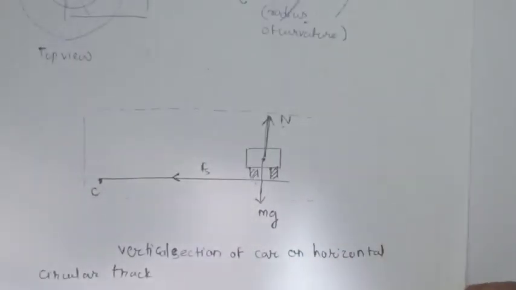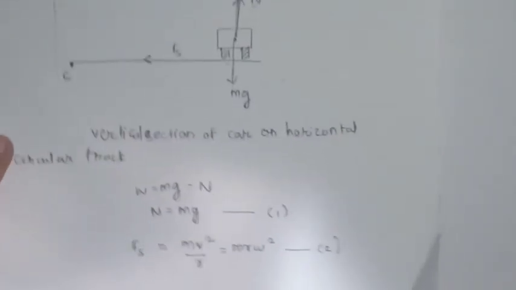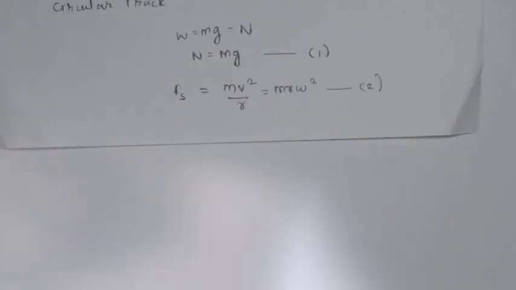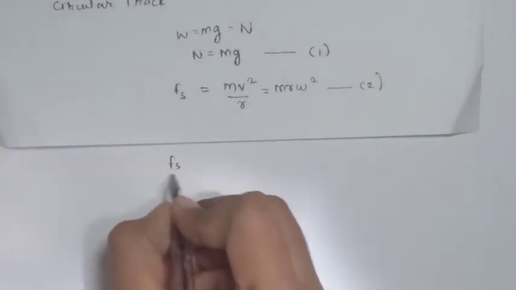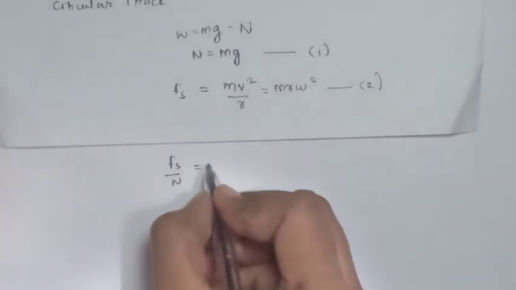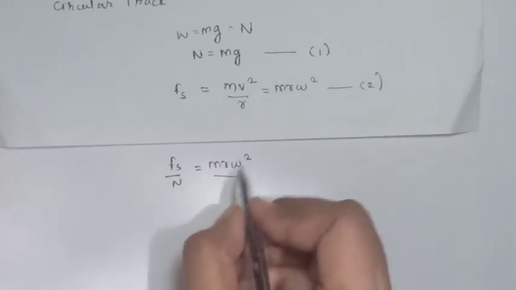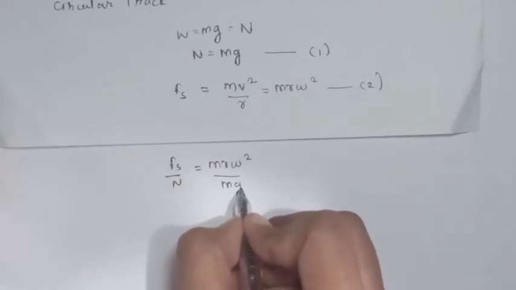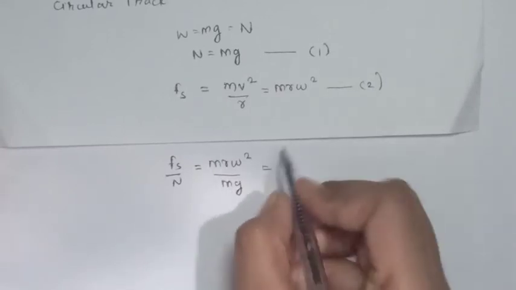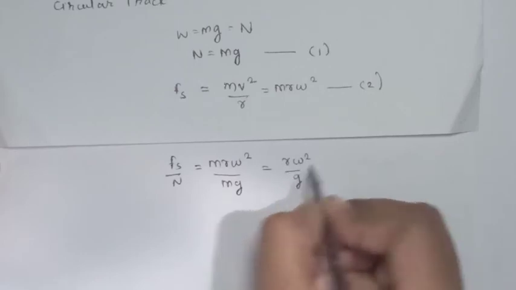Okay. So now divide equation 2nd by 1. So you will get Fs by N equals m r omega square divided by mg, which equals, m and m will be cancelled, r omega square by g.